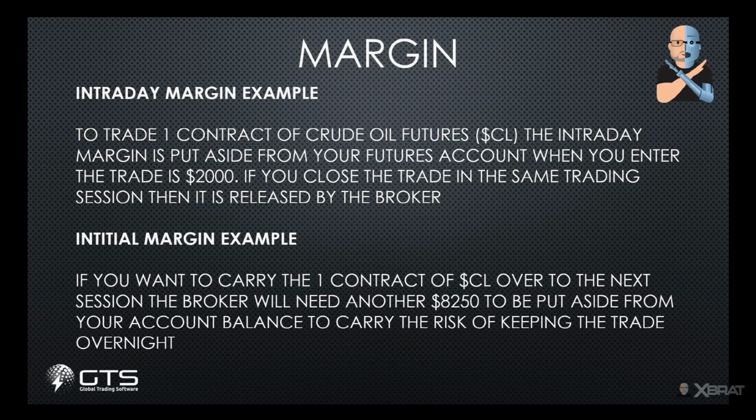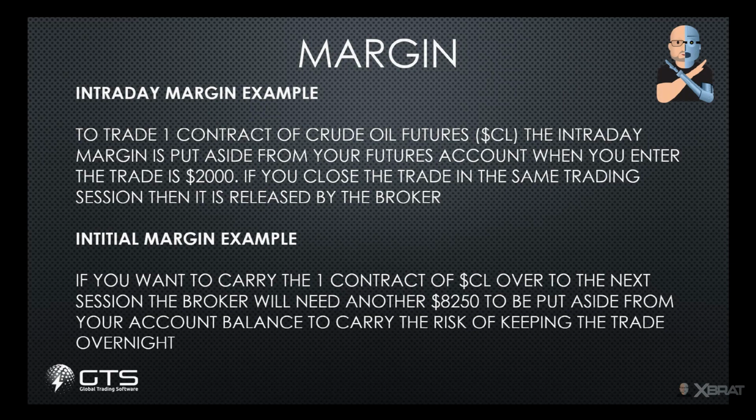So initial margin example. If you want to carry that one contract of oil, CL, over to the next session, the broker will need another $8,250 to be put aside from your account balance to carry the risk of keeping the trade overnight. So imagine that you are in a really great trade and you want to carry it overnight.